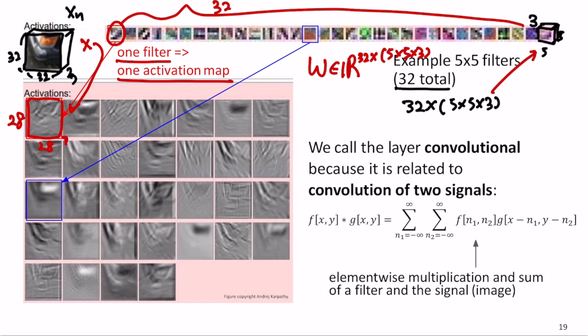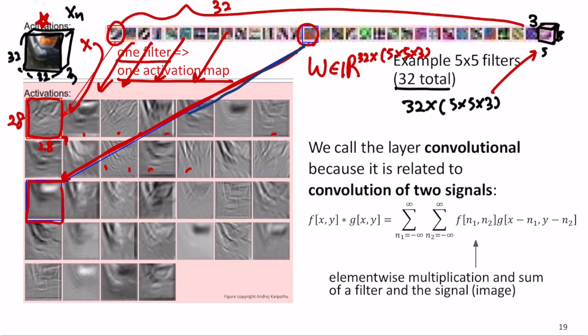Then convolving with a different filter, we can generate a different activation map like this. Given the input image, we can generate this kind of activation maps or activation images.